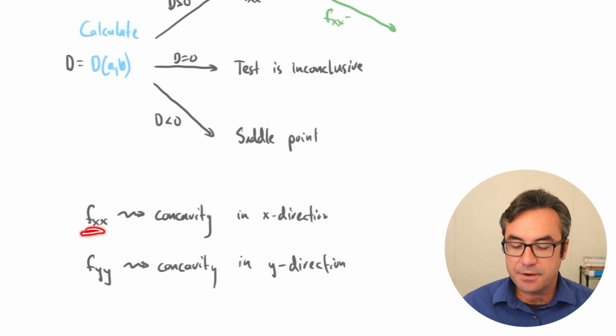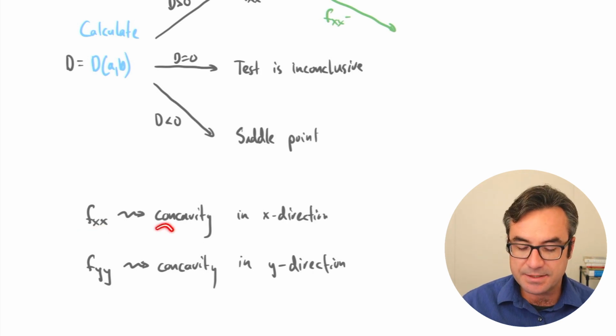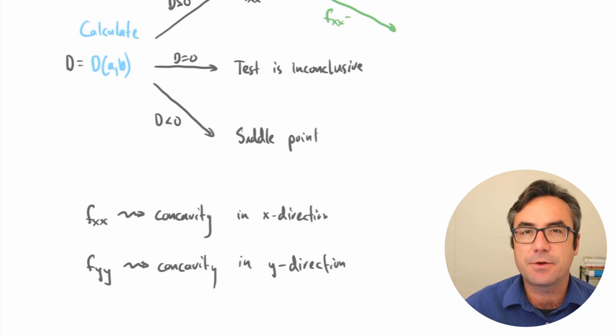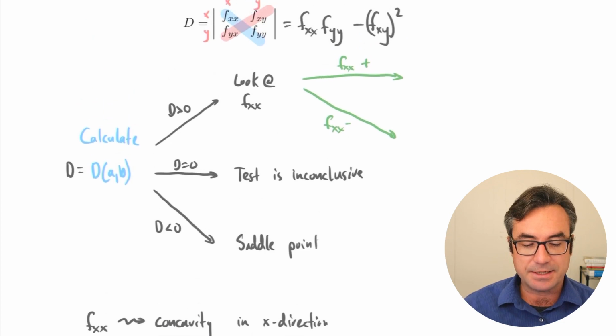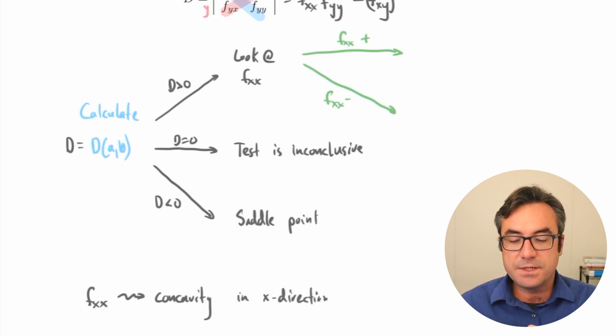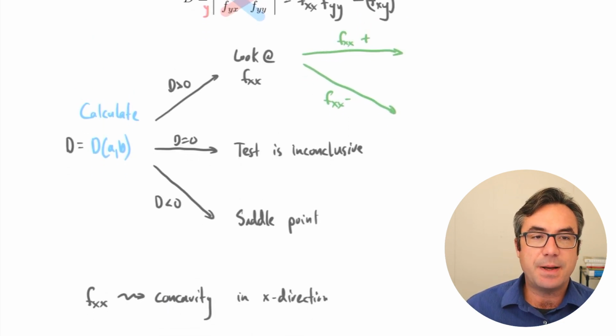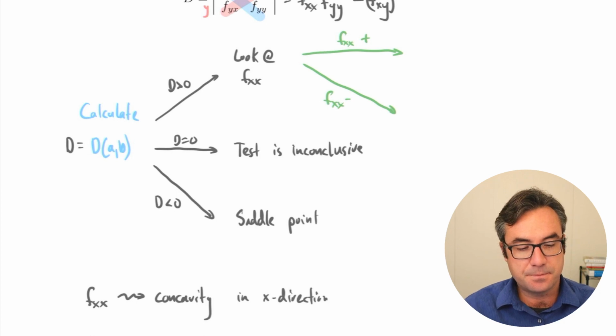And so we want to think of these second order partials as giving us some information about how the graph is shaped, the concavity. So if we're looking at f double x, what does it mean if our second derivative is positive? Well, if the second derivative is positive, that means concave up.